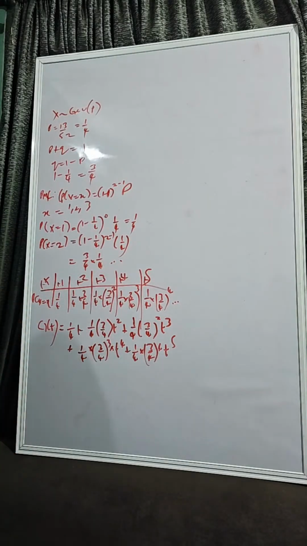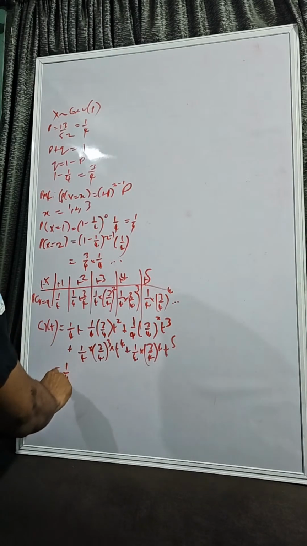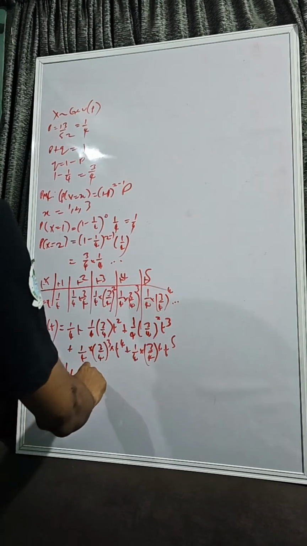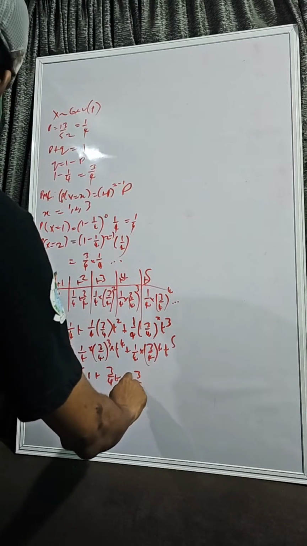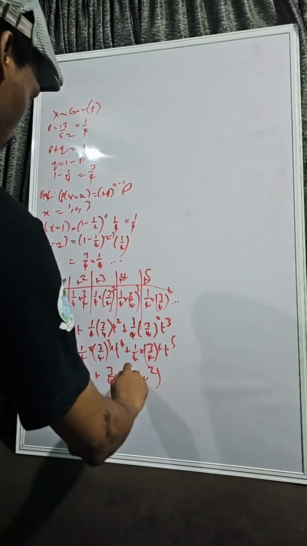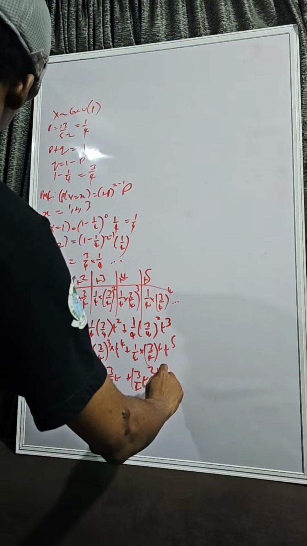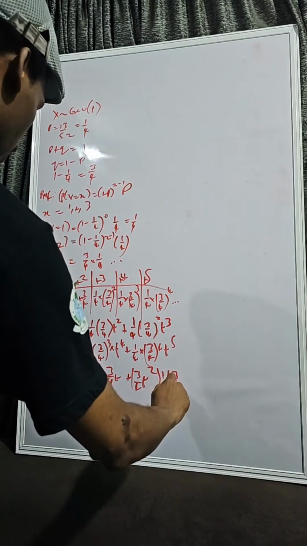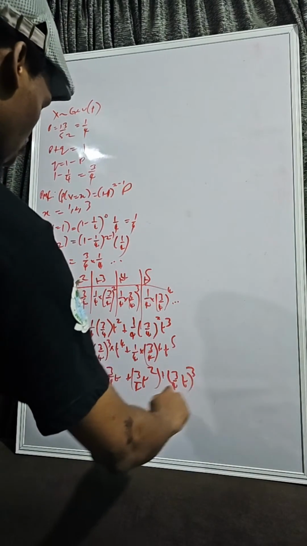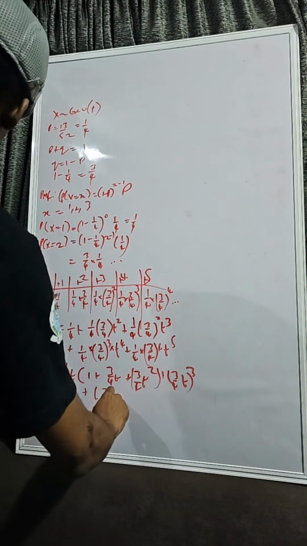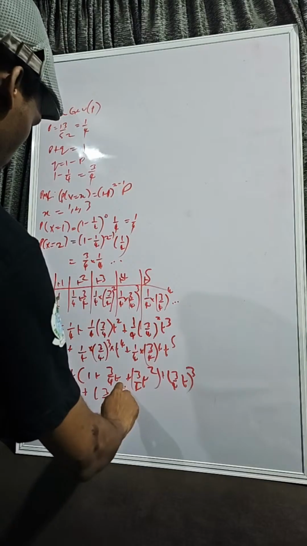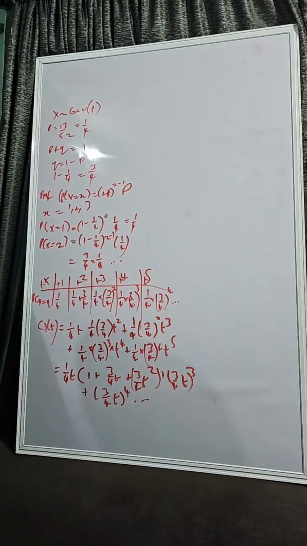So we can simplify this. How do you simplify this? All we have to do is bring out 1 over 4 t. So we bring out 1 over 4 t, and you now have 1 plus 3 over 4 t plus (3 over 4 t) squared plus (3 over 4 t) cubed plus (3 over 4 t) to the 4, and so on.